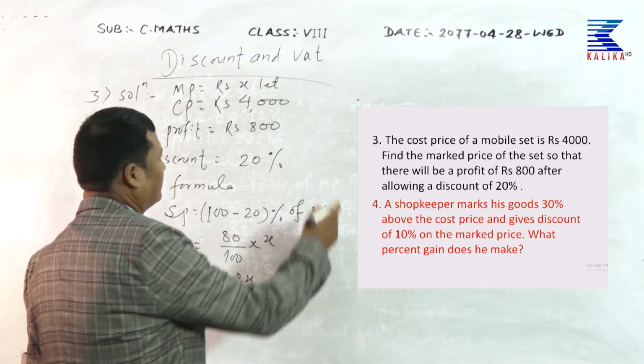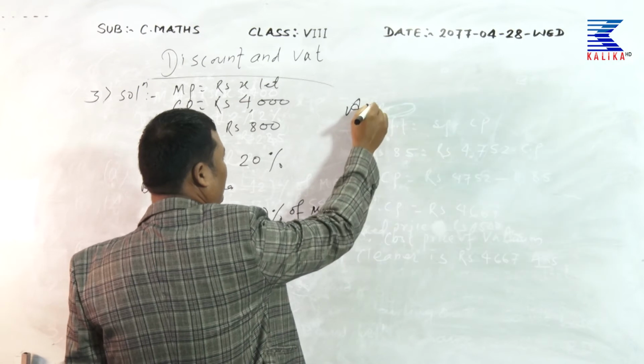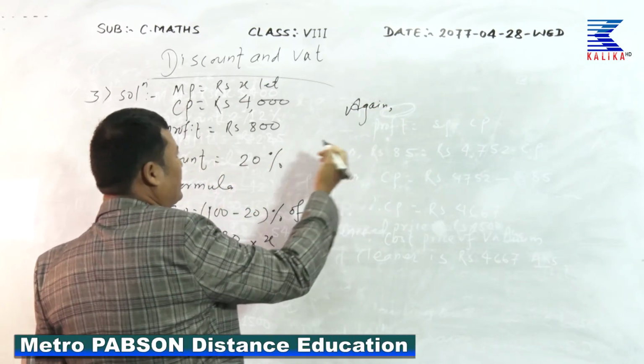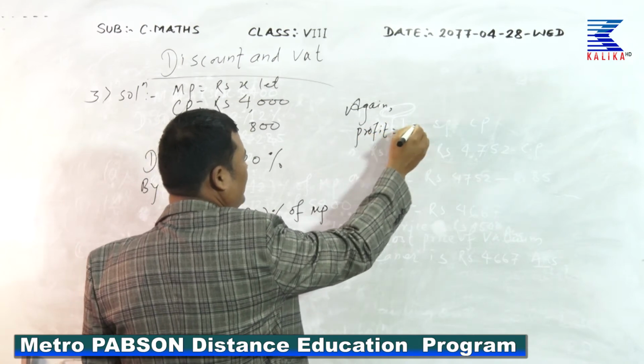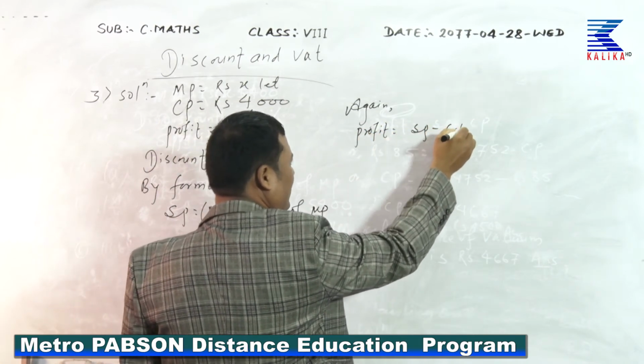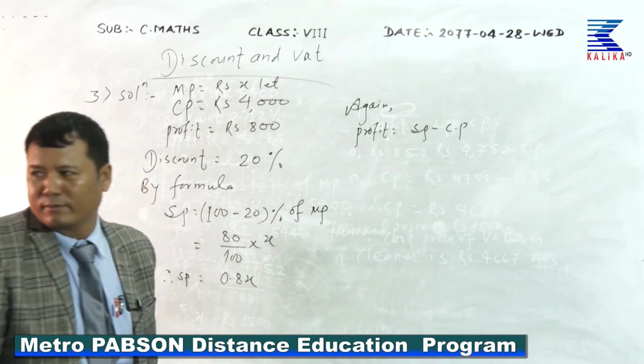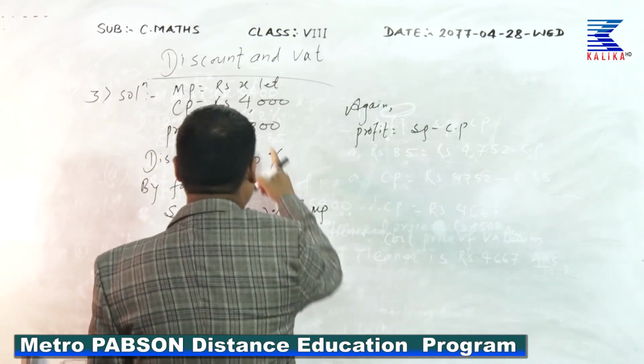Again, now using the formula of the profit, profit is equal to SP minus CP.